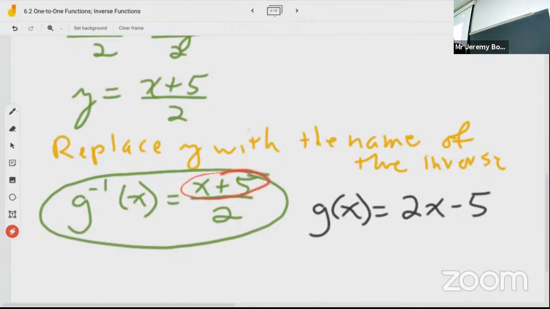You would add 5 and divide by 2. So you can see it's the opposite procedure you would go through for the function. When it gets complicated, it's difficult to do that, but for these simple ones, I feel like it's kind of neat how that works out. Any questions on that?